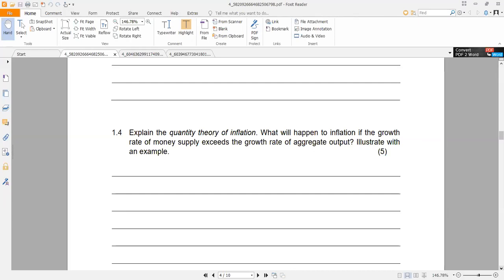Anyone to explain? Explain the quantity theory of inflation. What will happen to inflation if the growth rate of money supply exceeds the growth rate of aggregate demand?